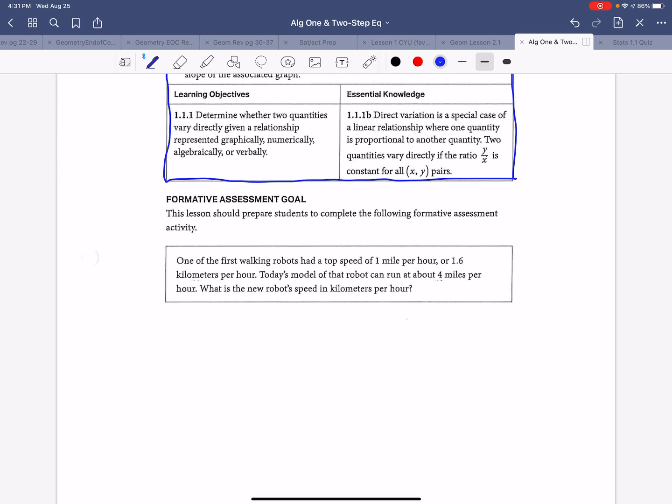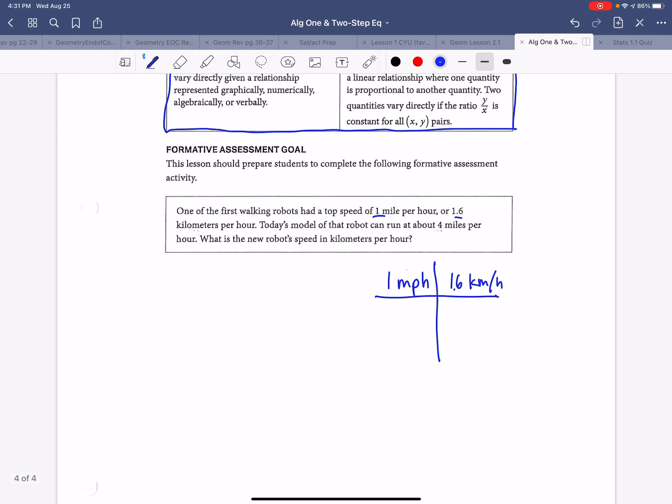One of the first walking robots had a top speed of 1 mile per hour, which we know is the same thing as 1.6 kilometers per hour. Now, if today's model of robot can run about 4 miles an hour, what's that new robot speed?